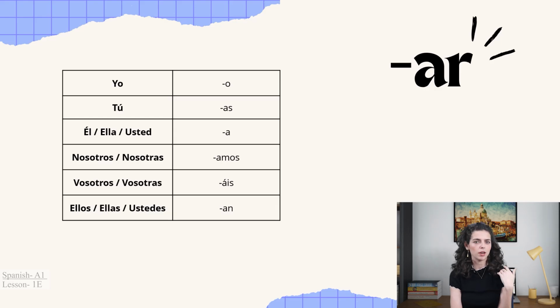So if I'm talking about myself, yo, we finish it with o. Tú, you, as. Él, ella, usted, a. Nosotros, nosotras, amos. Vosotros, vosotras, áis. Ellos, ellas, ustedes, an.